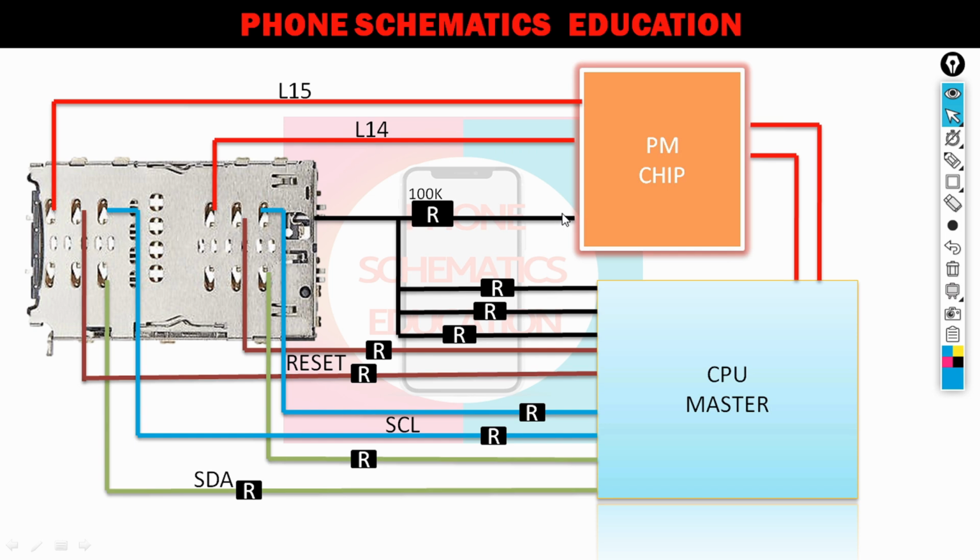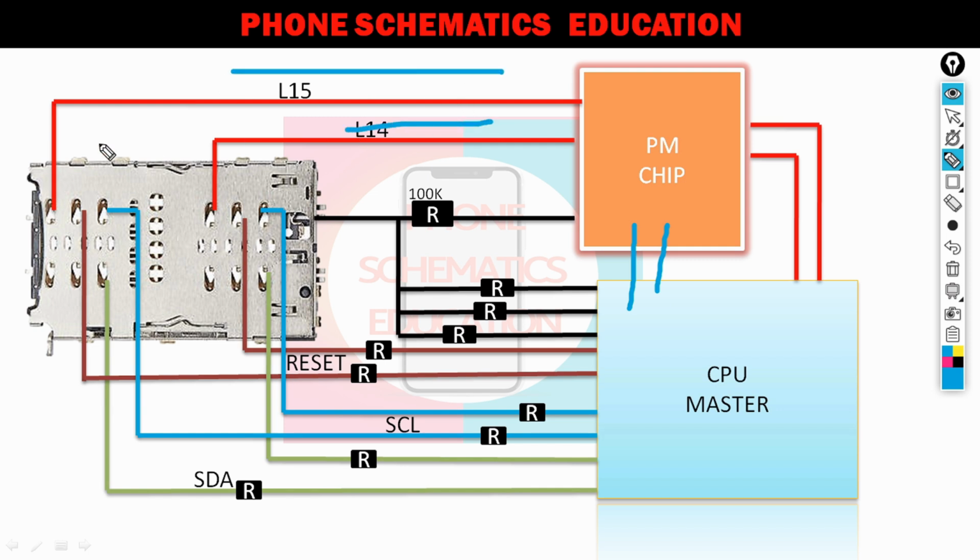So the CPU senses, and after that the CPU enables these lines: reset, clock and data, and also gives a command to the power IC with the SCL and SDA, because the CPU is also connected to the power IC with the SCL and SDA communication lines, to give this voltage to the SIM circuit.